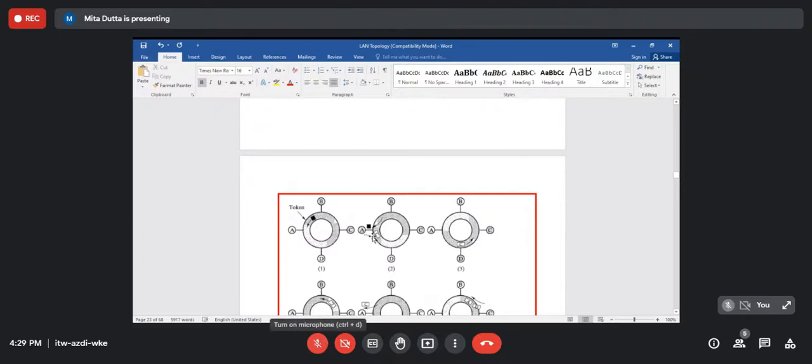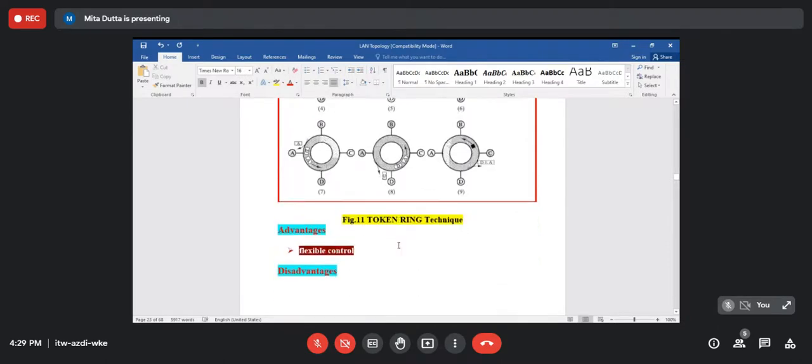But there will be more data frames. In the case of token ring, there will be only one data frame circulating within the ring, so we cannot use the full capacity of the ring. But with early token release, we can increase the capacity of the network, because there will be more than one piece of information on the ring.